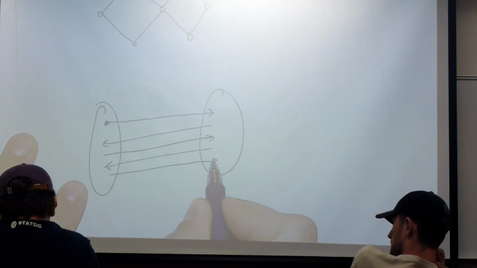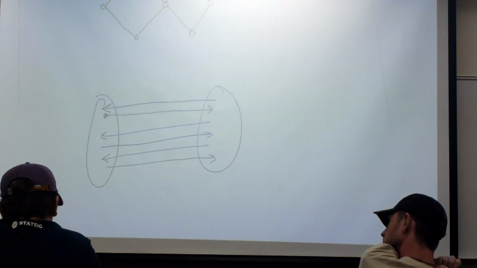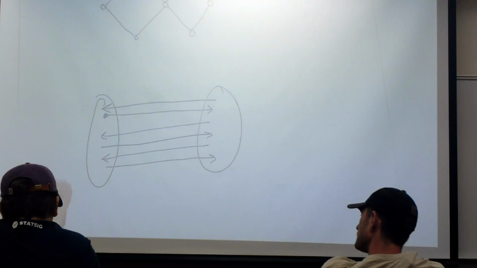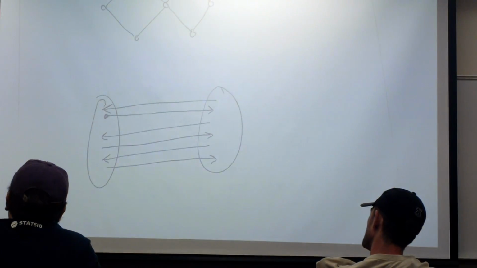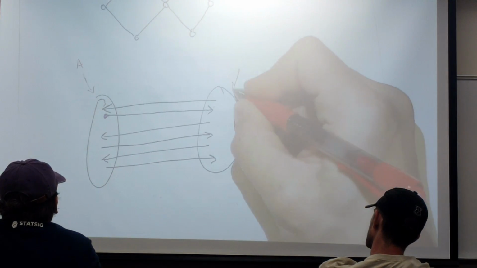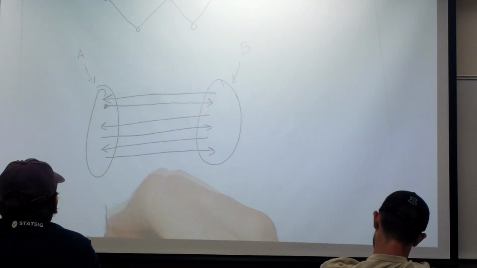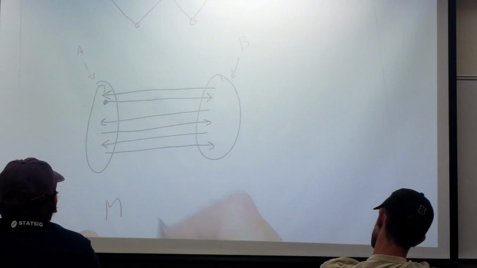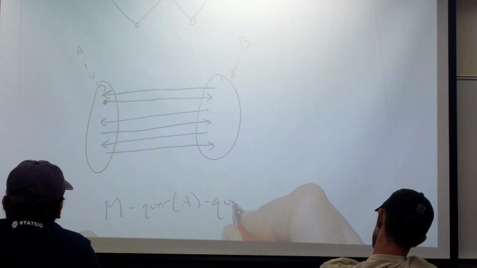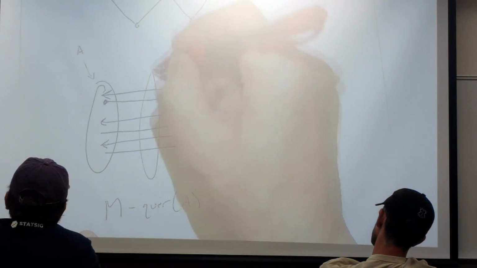True. So if we were to split all the vertices into two groups and query how many edges are within the left subset and how many edges are within the right subset, we can then use the total that we found originally minus the query over set A and the query over set B to figure out how many edges are going between those two sets.